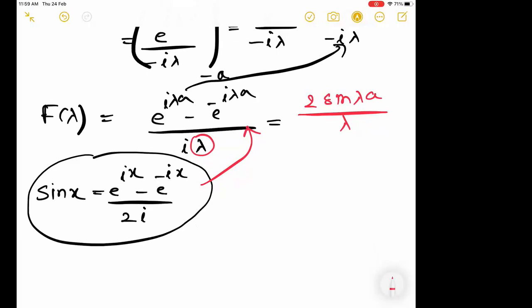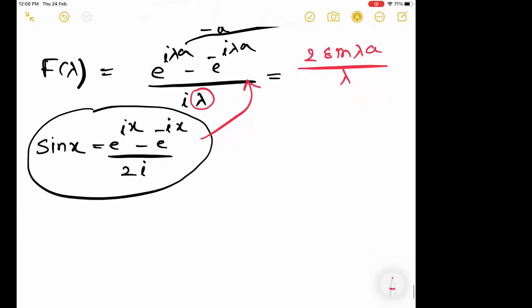Okay. And in the limiting form, if lambda tends to 0, what will be the answer for this? Just to understand, it's not required. In the limiting form, limit of lambda tending to 0, 2 sine lambda a upon lambda, what answer can I write down for this?